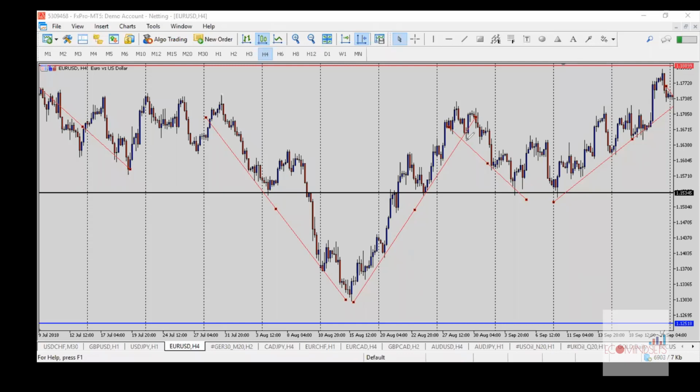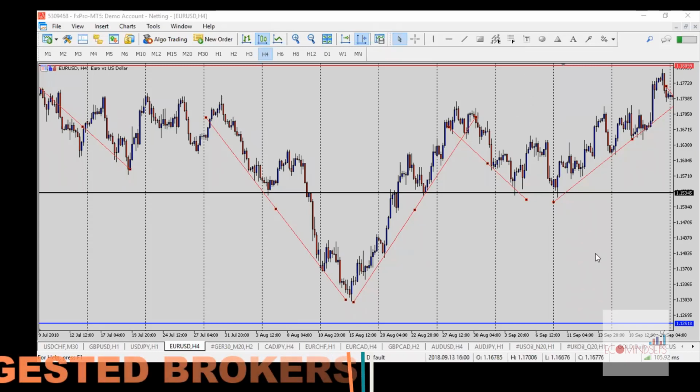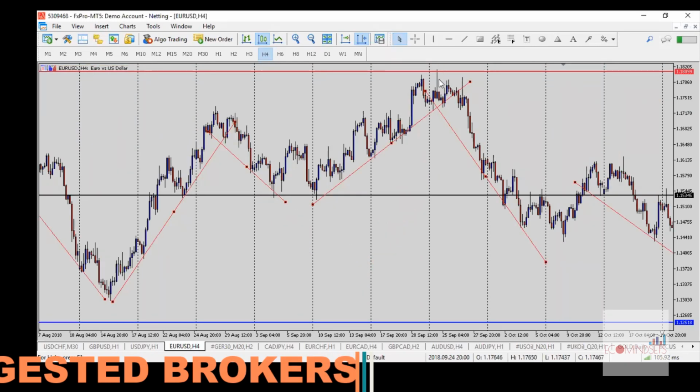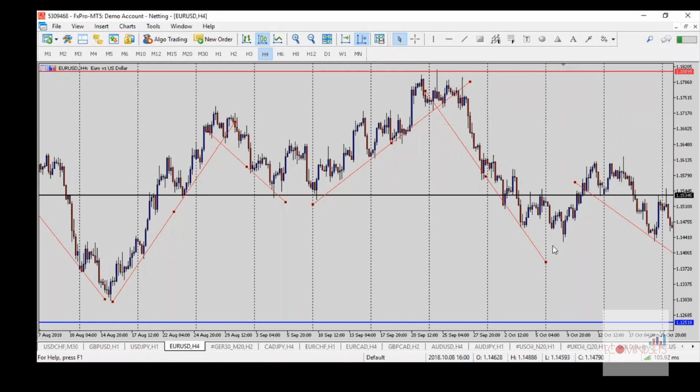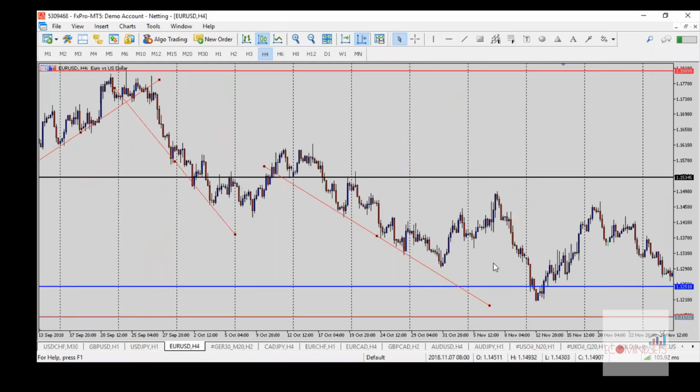After that, we realized that there was a short downtrend forming, and then the uptrend continued before finally the trend reversed, and then we see the beginning of a downtrend.